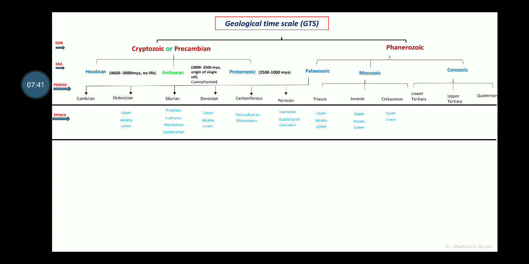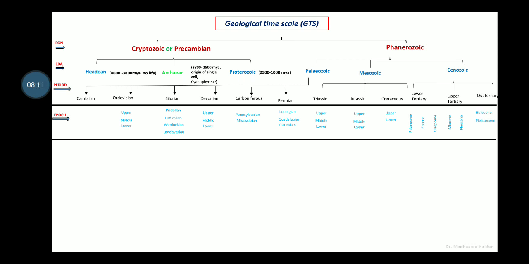And Cretaceous has only 2 epochs: Upper and Lower. In case of Lower Tertiary period, there are 3 epochs: Paleocene, Eocene, and Oligocene. While in Upper Tertiary, there are 2 such epochs: Miocene and Pliocene.